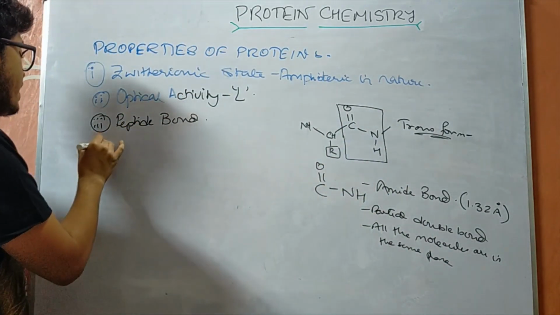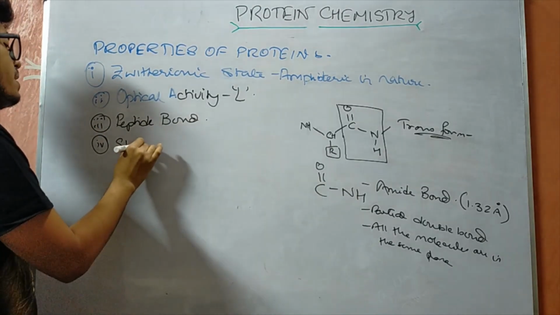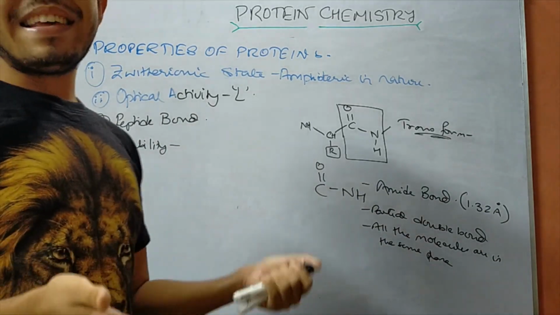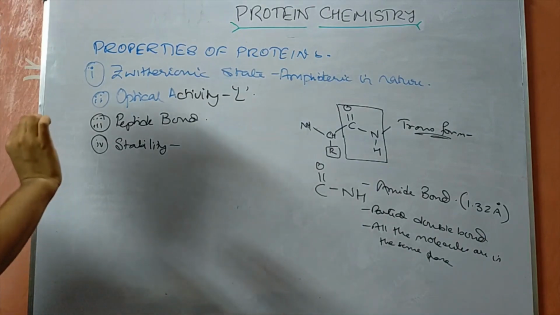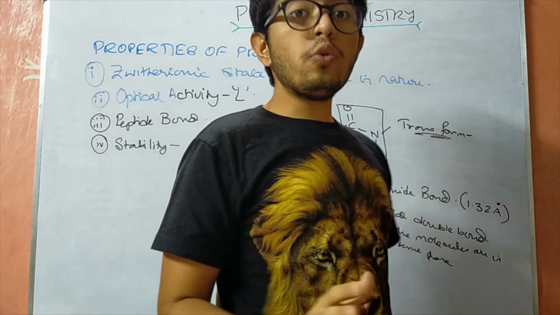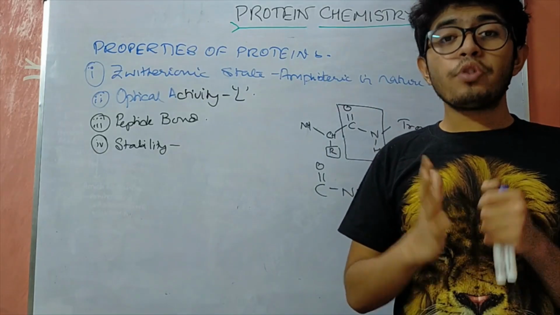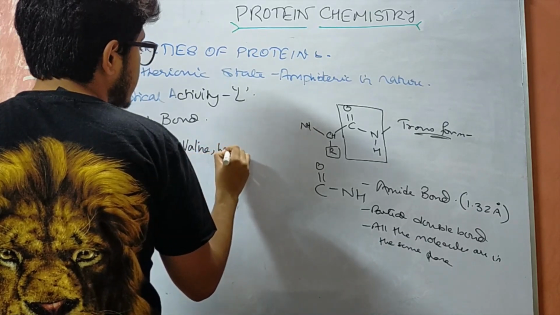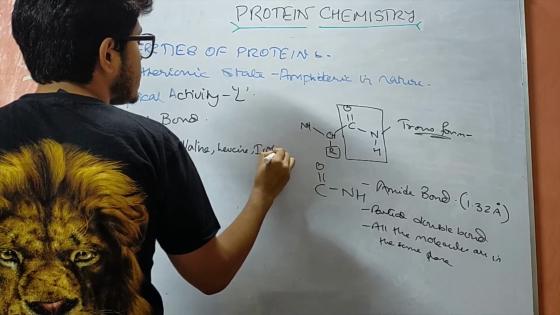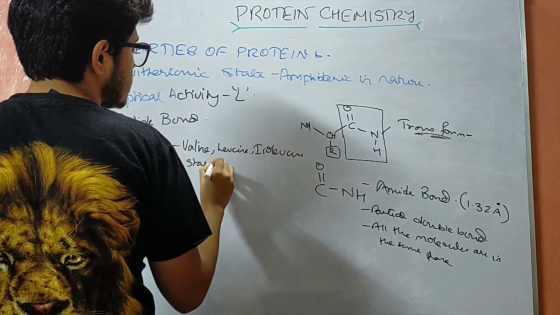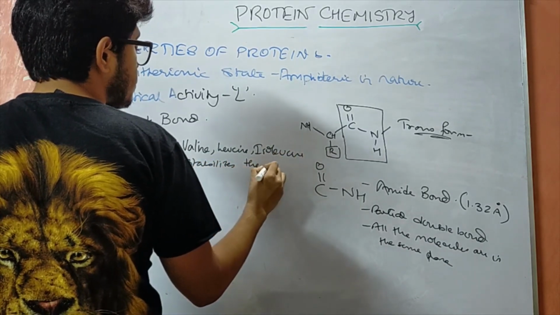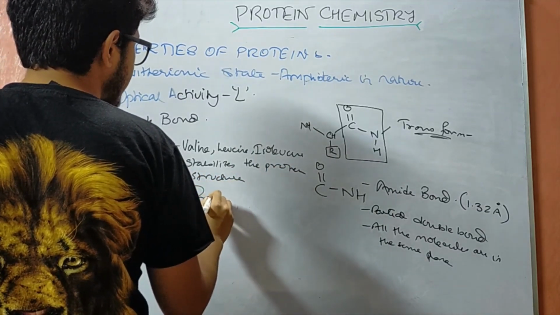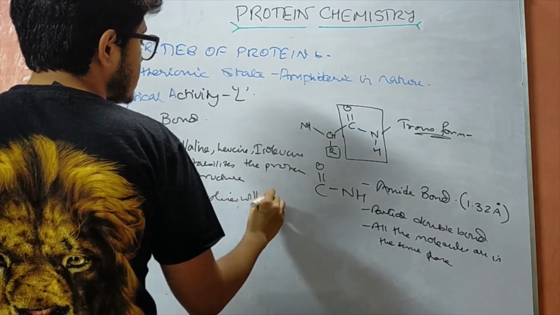Now the next part which can be discussed is stability. Protein molecules such as alanine, valine, leucine, and isoleucine have a capability to stabilize a protein structure, whereas molecules like proline will disrupt the structures.